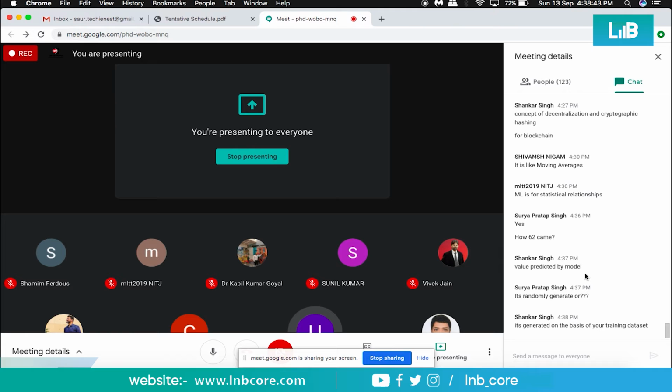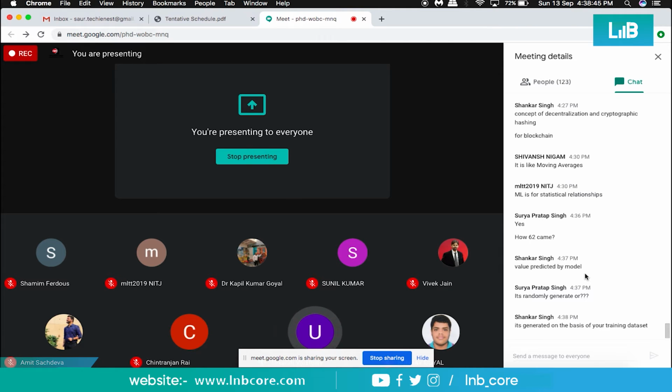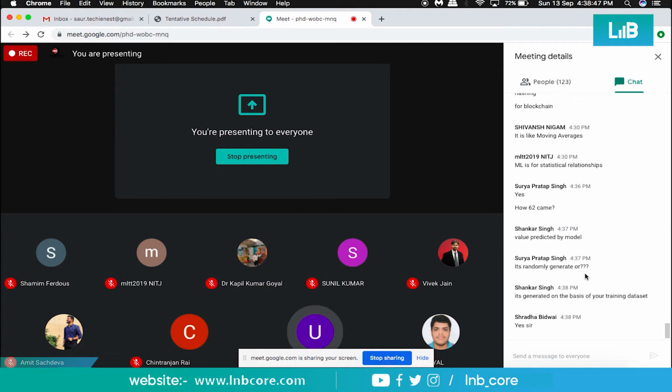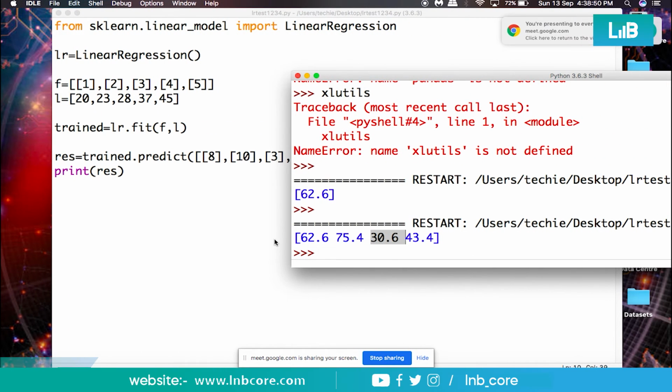Sir, on what basis is it predicting the values? On what basis? That's what I have been trying to explain for the last 1 hour. On the basis of your data, f was x. Every time you are giving f as x and l as y: 1 versus 20, 2 versus 23, 3 versus 28, 4 versus 37, 5 versus 45.